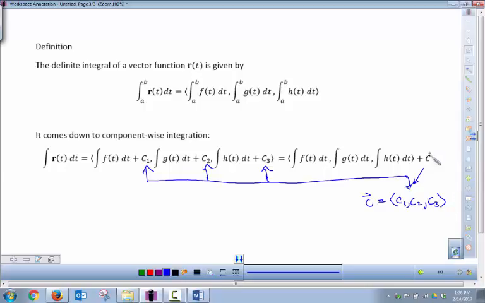So this C with an arrow on top would just be your arbitrary constant for each of the components. Okay.